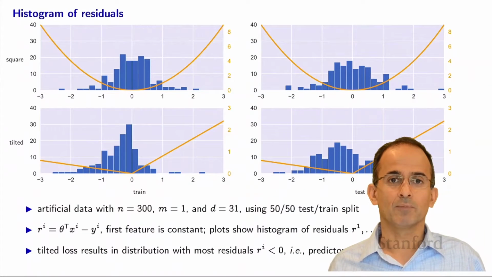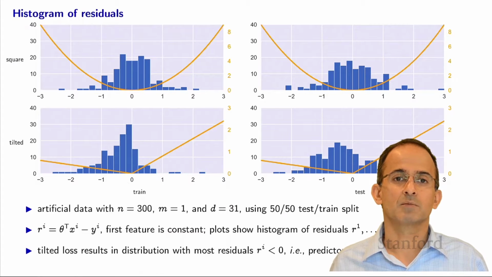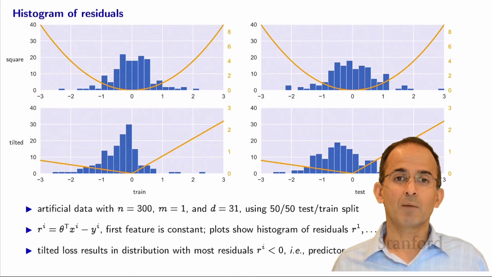So here's an example. Here we constructed random data, 300 data records, each one of which has a scalar y and a 30-dimensional u, and then we append a constant 1 so that x starts with 1 and then has 30 random numbers afterwards. And we used a 50-50 test train split here.